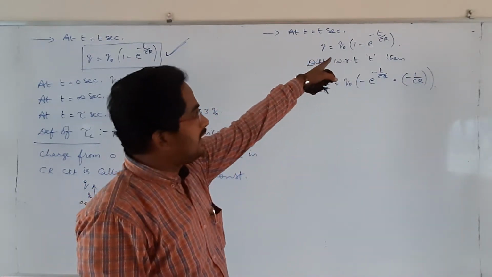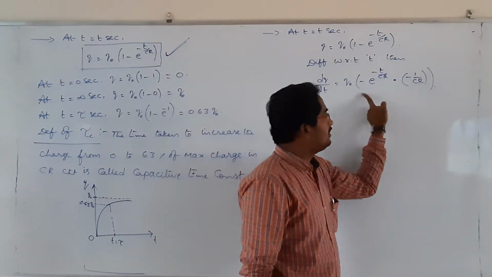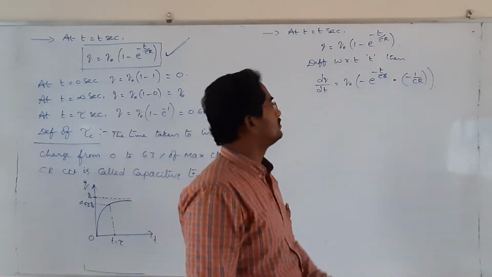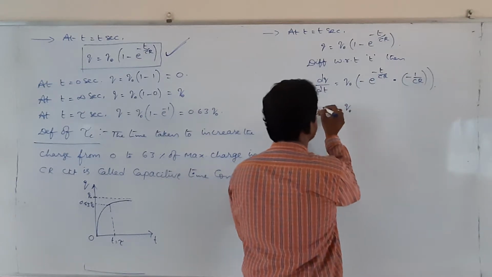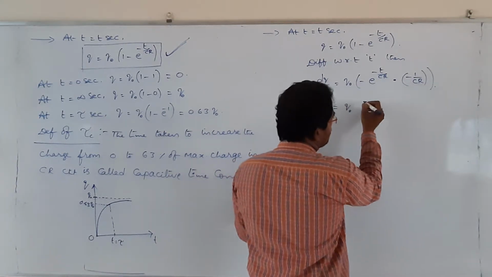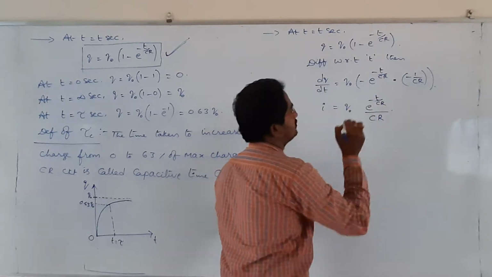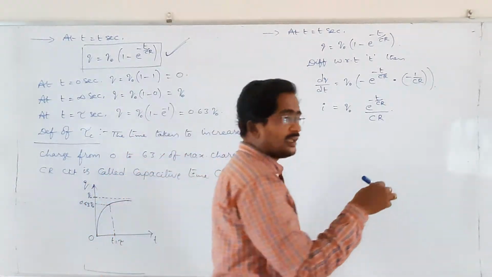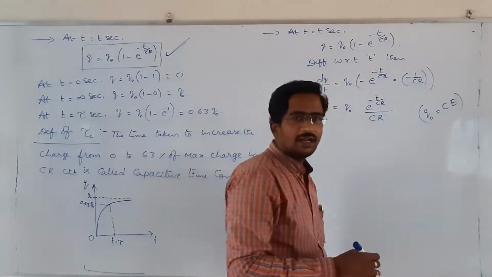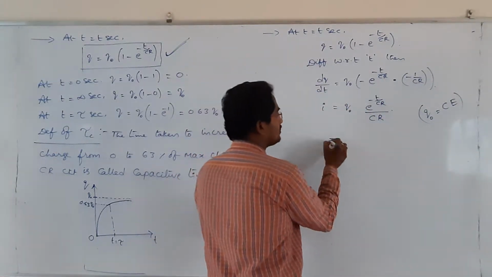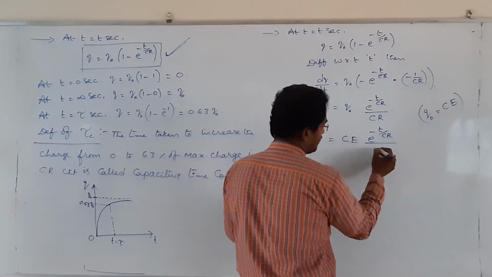That is the differentiation of this value. What we are getting here: Q naught into e power minus t by CR by CR. Q naught value I gave you: Q naught equal to CE. So that is written here as CE into e power minus t by CR by CR.